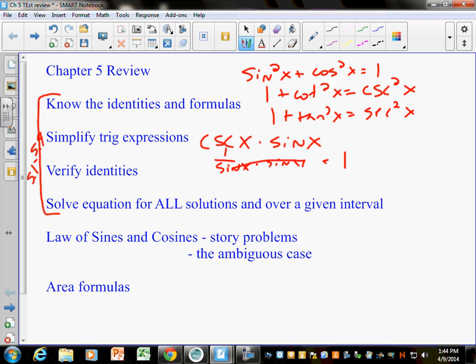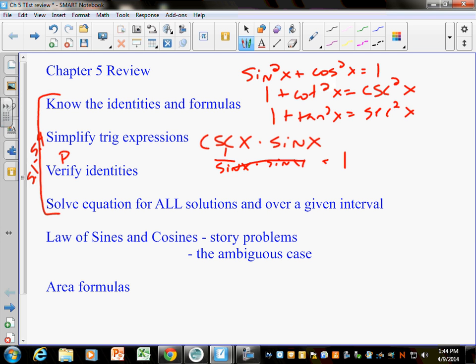I honestly like the proofs better than those because you don't know what you're supposed to get, and you're like, have I simplified enough? I think there was one of those on the test because honestly that's what we started with. I think reading the directions is very important on the test because the ones that say verify and the ones that say solve, you could very easily mix those up.